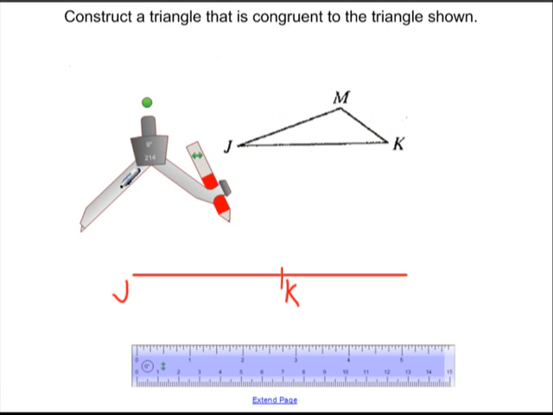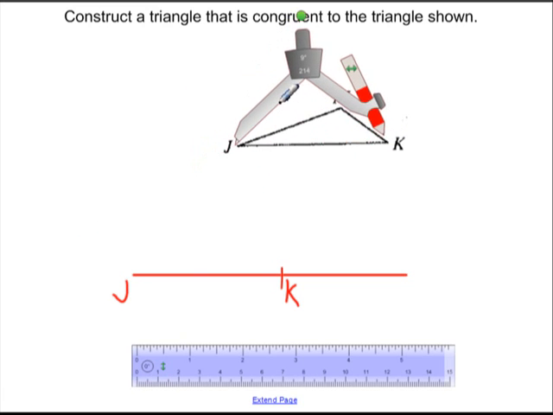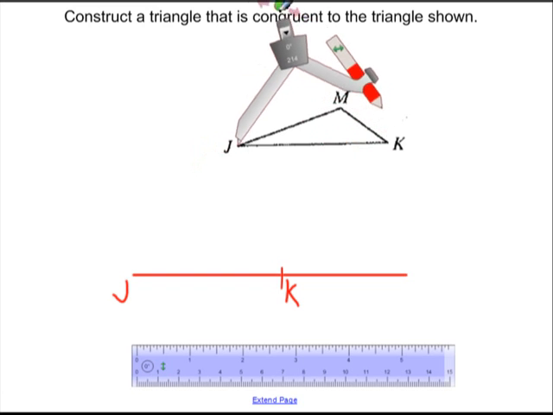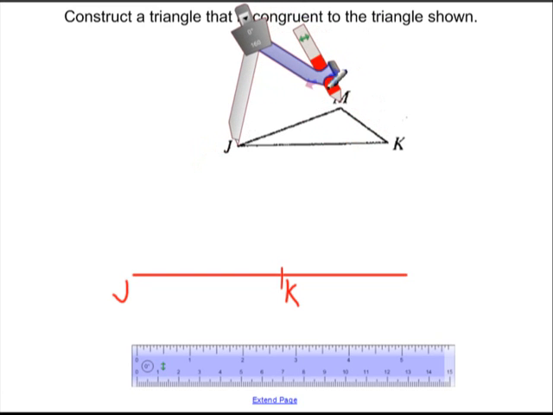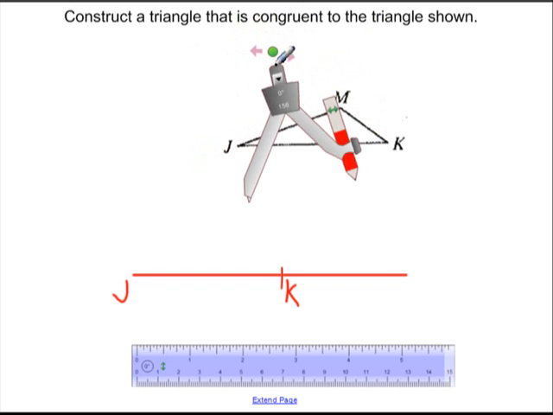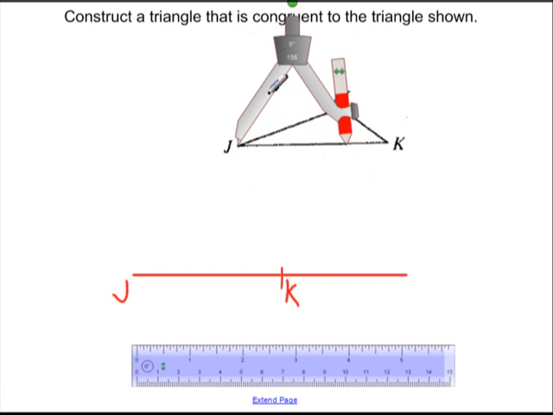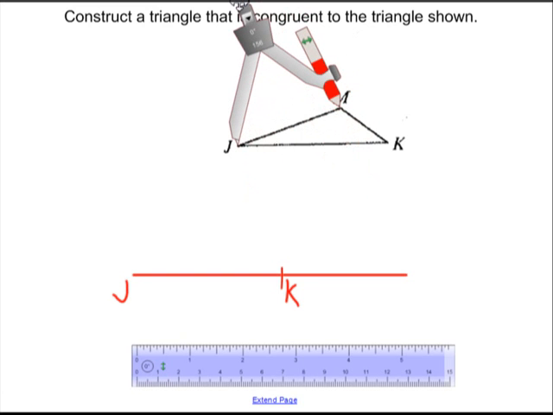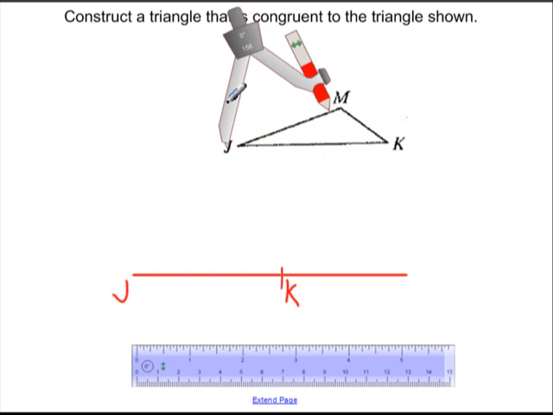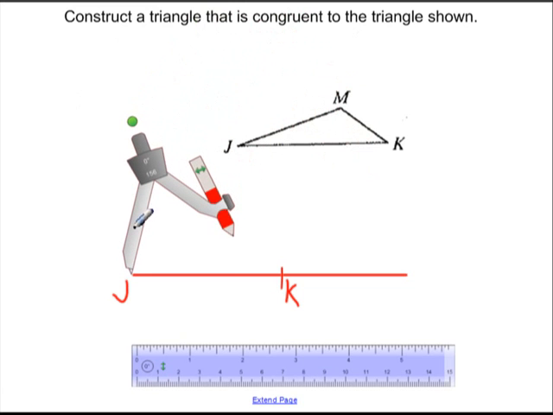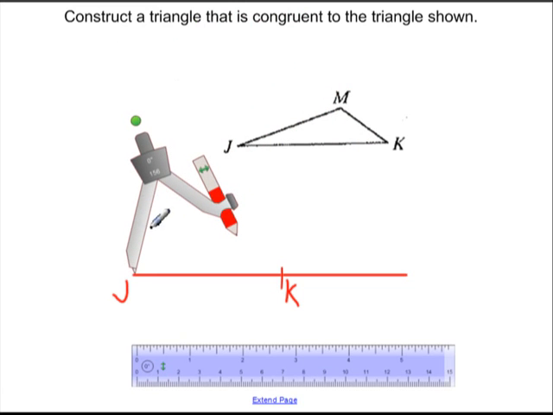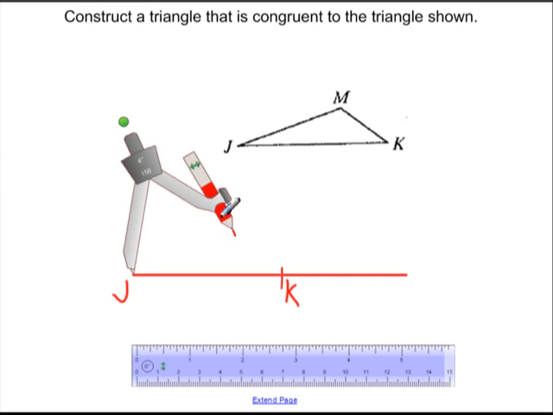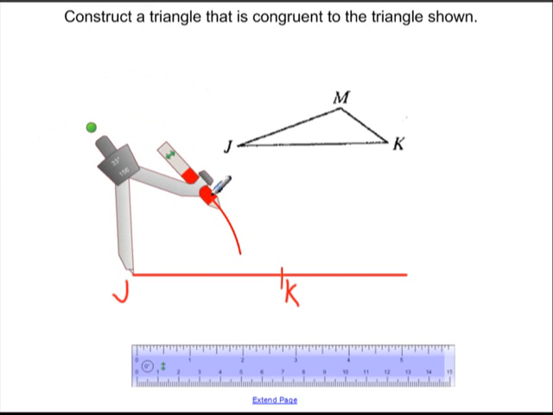So let's start with finding all the points that are JM away from J. I'm going to open the compass up to the length of JM, and I'm going to take that center, put it over here on J, make sure it's on J, and I'm going to make an arc out here somewhere where I expect the intersection to be.